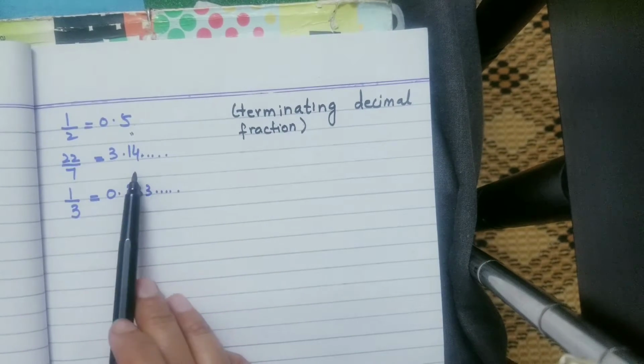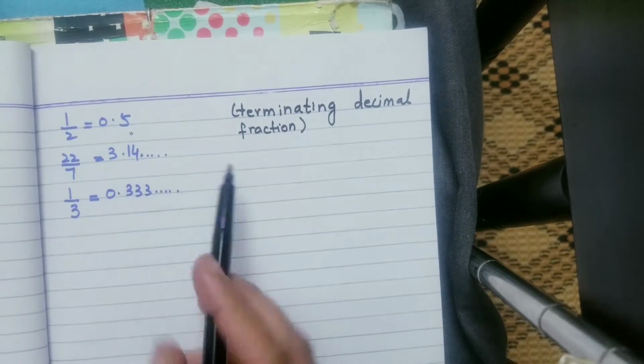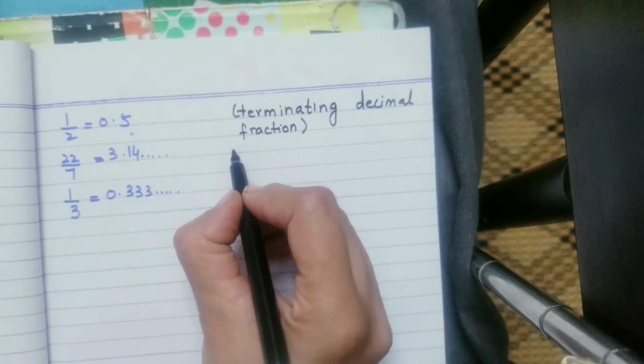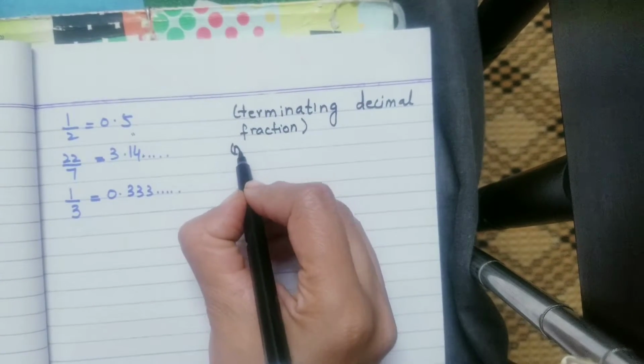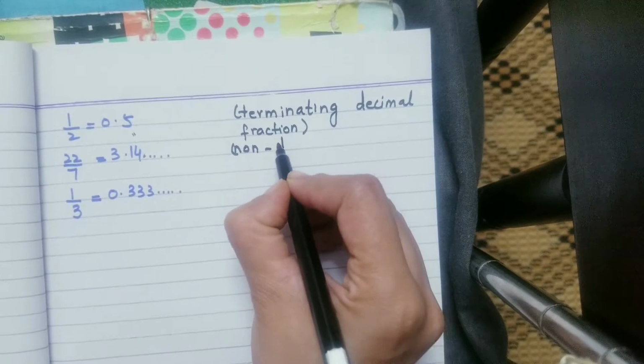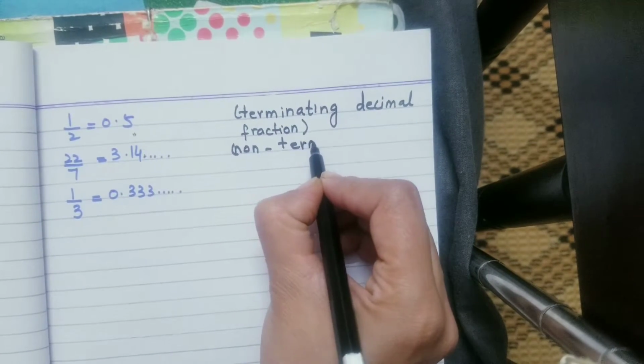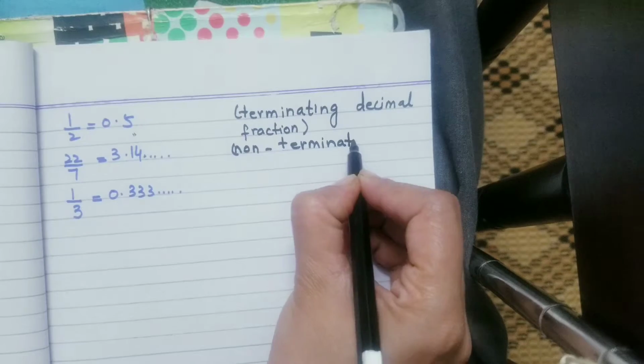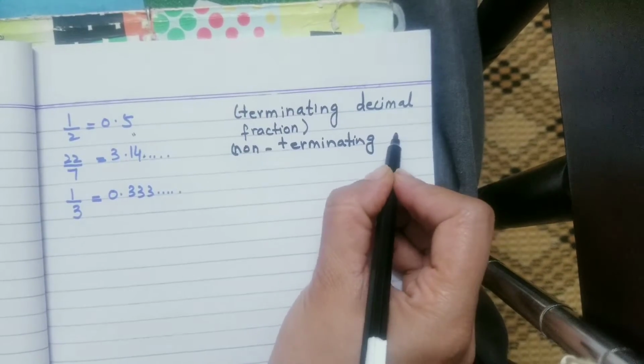These two fractions have no end when we divide them. So this fraction is called a non-terminating decimal fraction.